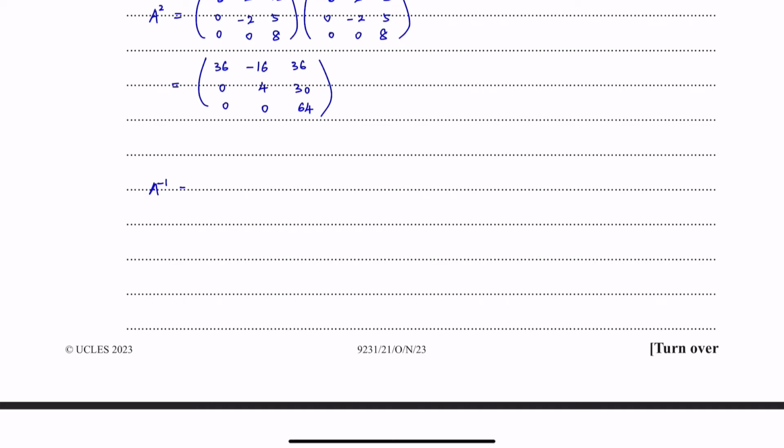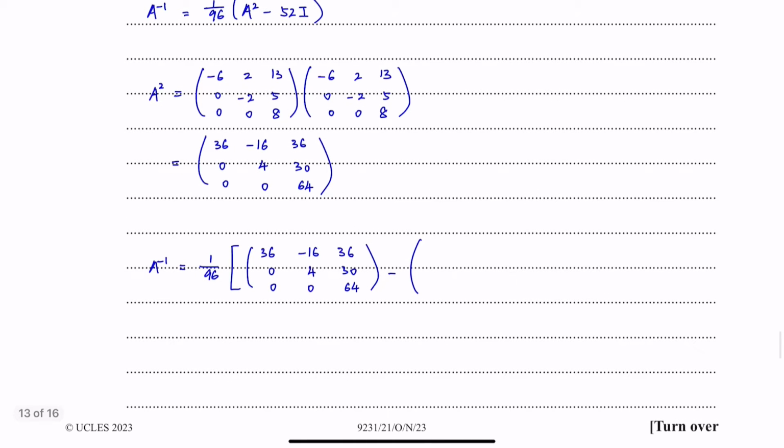So the inverse of A, we can now write it out in the matrix form. Minus 52I, which is just 52, 0, 0, 0, 52, 0, 0, 0, 52.